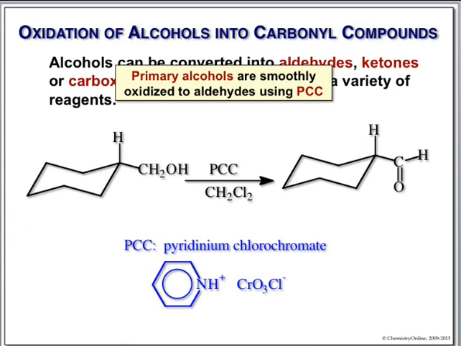We just call it PCC. The nice thing about pyridinium chlorochromate is that it's a very mild oxidant. And because it's such a mild oxidant, we can take a primary alcohol and take it to an aldehyde. Aldehydes are typically more difficult to make because they oxidize very quickly to carboxylic acids.